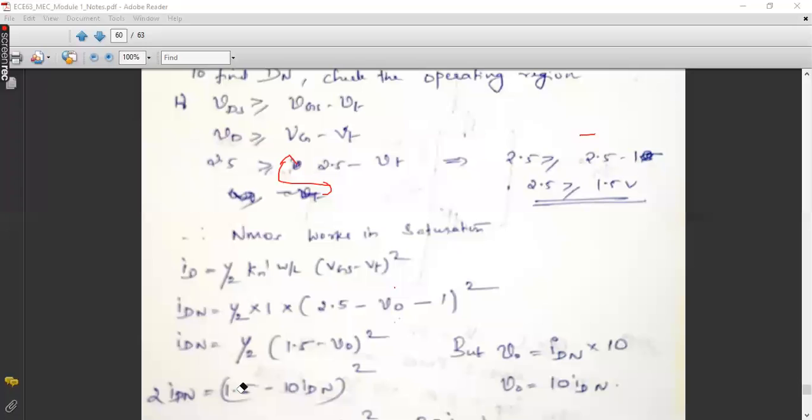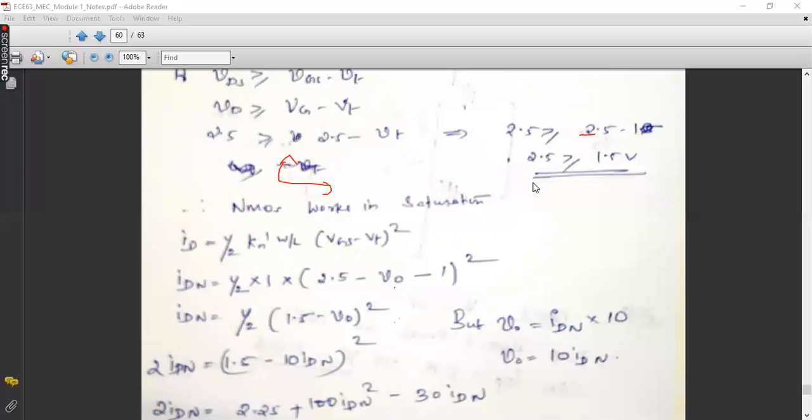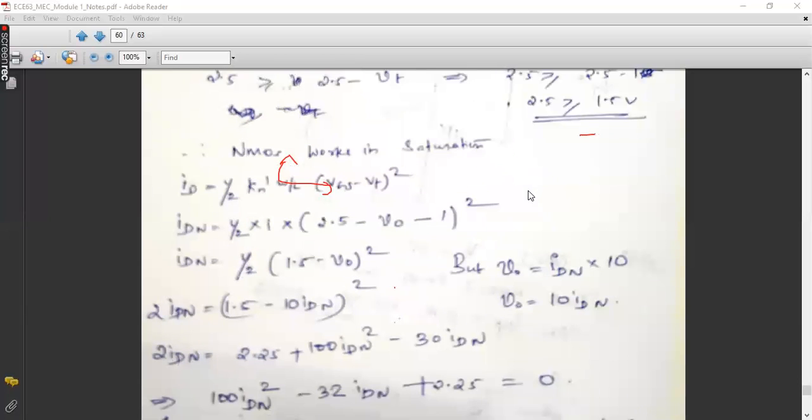So I will retain Kn dash W by L in milliampere per volt square only. No need to convert into ampere. Similarly, I will take my resistance in kilo ohm only because I am expecting my current in milliampere as the final solution, so that it will be easier to solve the quadratic equation using a calculator. Now expand A minus B whole square. That is 2.25, that is A square, plus B square, which will be 100 IDN square, minus 2AB.